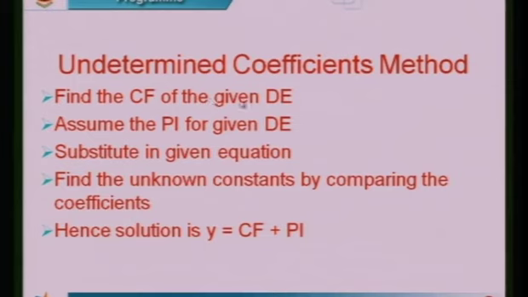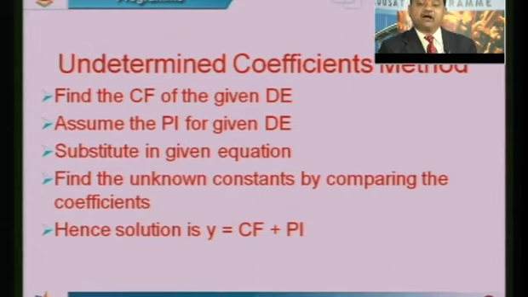Find the CF of the given differential equation. Whatever the given differential equation, for that you find the complementary function. Assume the PI. By seeing the right hand side, you can assume the PI from the table. Differentiate it 2 times, then substitute in the given equation.